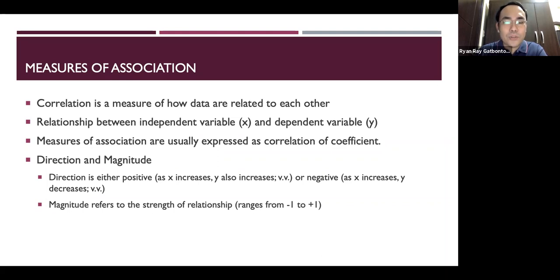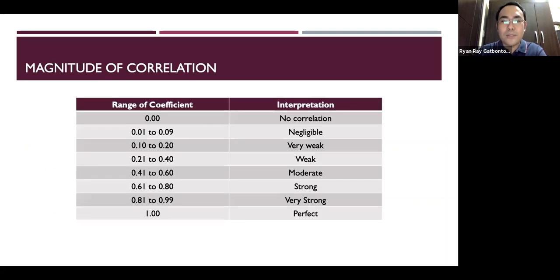Now, the magnitude refers to the strength of your relationship. It usually ranges from -1 to +1. To determine the magnitude of the correlation, we can refer to this table. When the correlation coefficient is 0, there is no correlation.